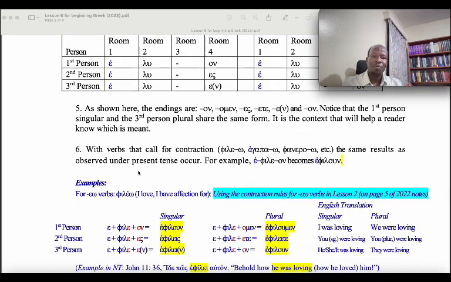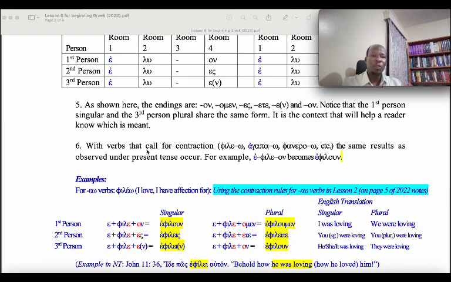And now, point 6, with verbs that call for contraction. This one we have already talked about in lesson 2, when we dealt with the present indicative active form. So what are the contraction rules?